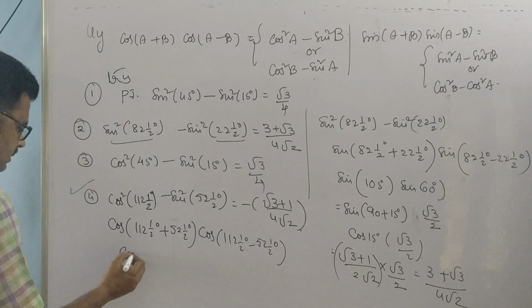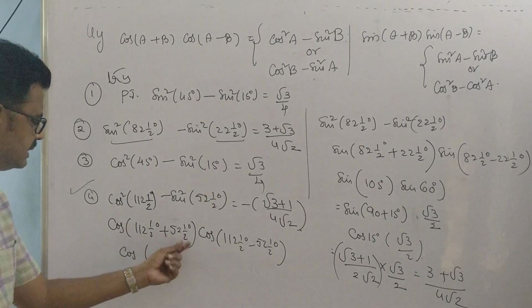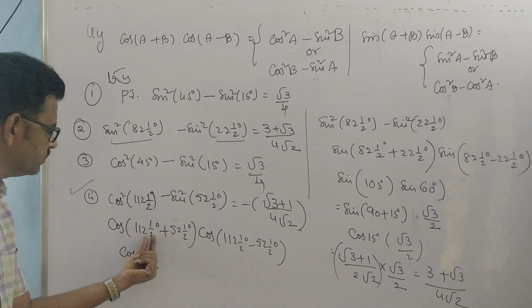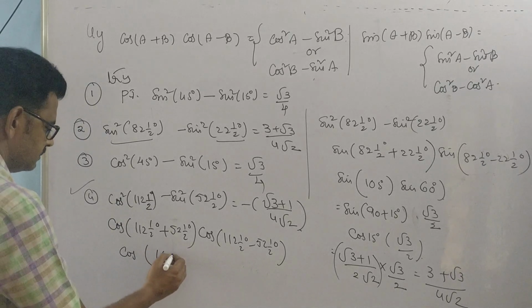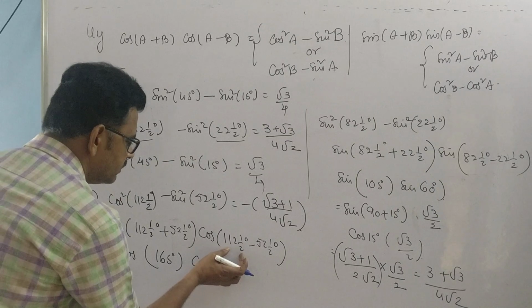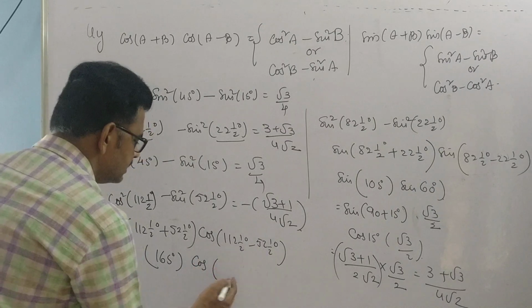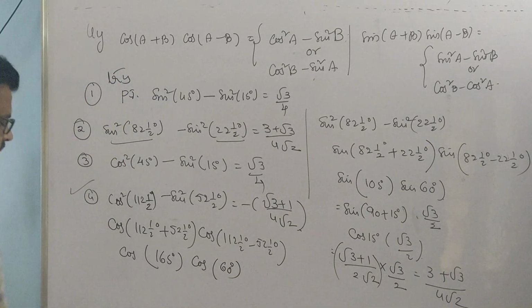So 110 plus 50 is 160, plus 2 and a half, plus 2 and a half, total 165 degrees, into cos of 112 and a half minus 52 and a half, that is 60 degrees. So what about this one?